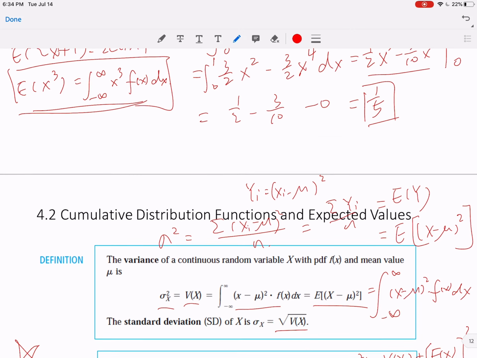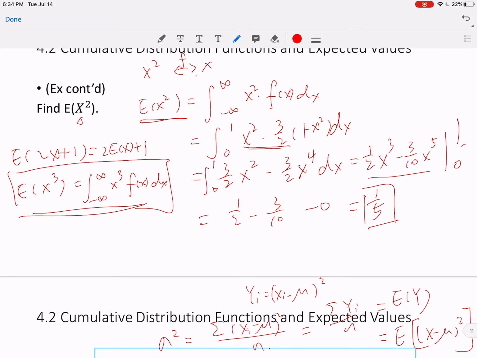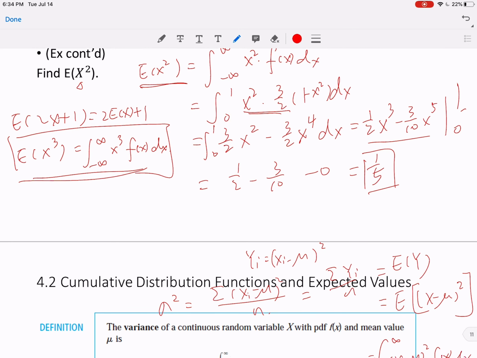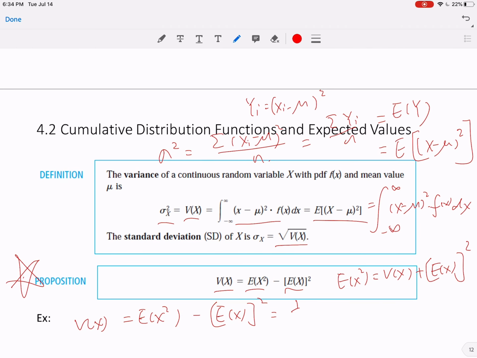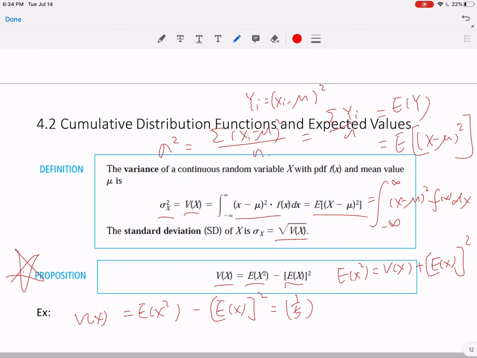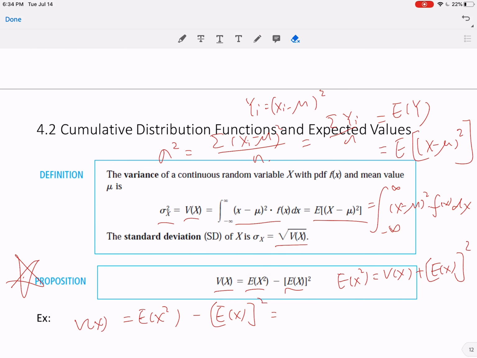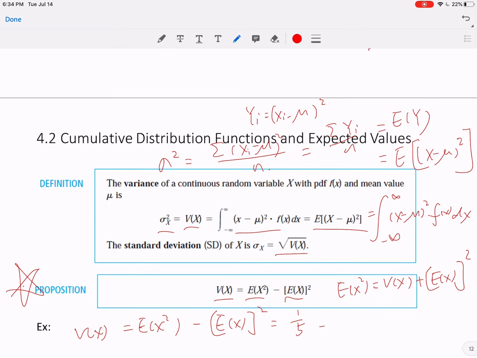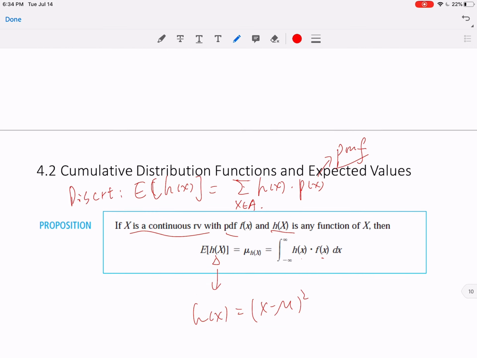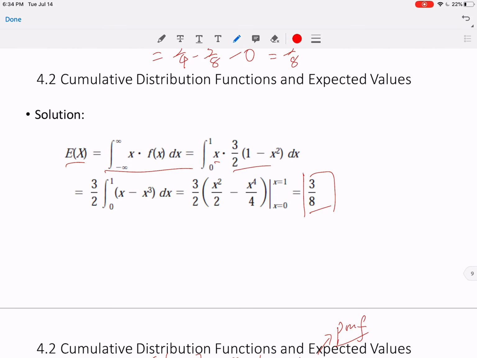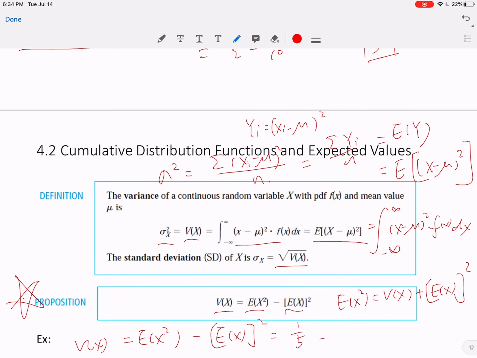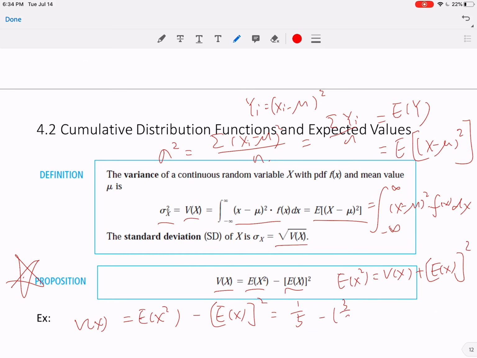And we have that E of x squared is equal to 1 over 5. Just 1 over 5, there's no square over here, so we don't need the parentheses. So since E of x squared is 1 over 5, minus the square of the expected value. The expected value is 3 over 8, so that would be 3 over 8 squared.